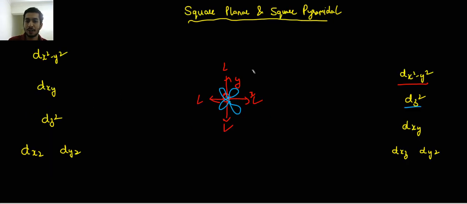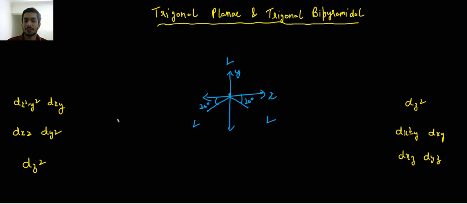Because here we saw four energy levels in square planar and square pyramidal, but now we are seeing three energy levels. So basically you can think of it like that, that any molecule which has a D3h symmetry will only have three energy levels. Okay, a molecule with D3h symmetry, right? So this over here has D3h symmetry, because of which it will have only three energy levels for the d orbital.